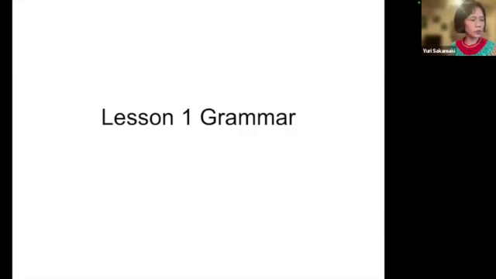If you want to refer to the Genki textbook, you can look at pages 41, 42, 43, but I'm also going to show you these grammar points.